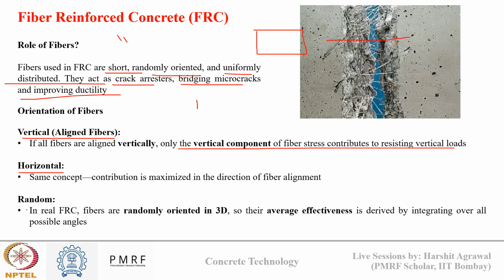So in real fiber reinforced concrete, the fibers are randomly oriented in 3D, so that we can have an average effectiveness along all the directions. Because the load can come from horizontal direction also and from vertical direction also. So having a random orientation of fiber gives us that edge, that effectiveness along all the possible angles of loading.